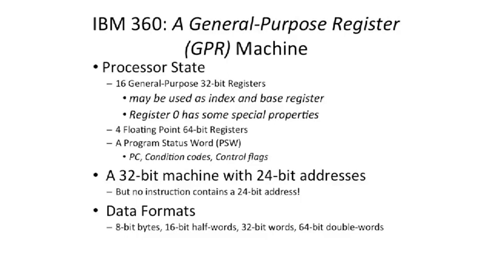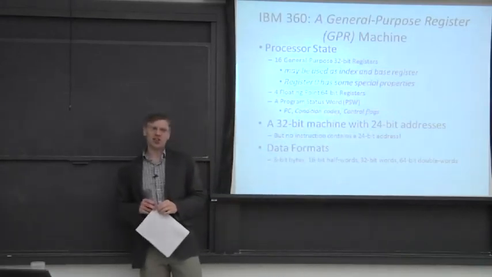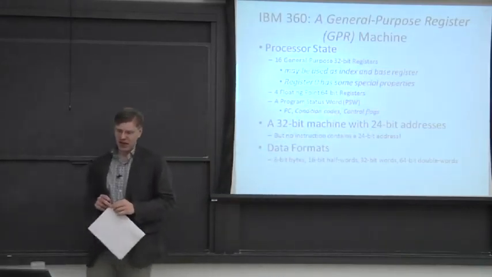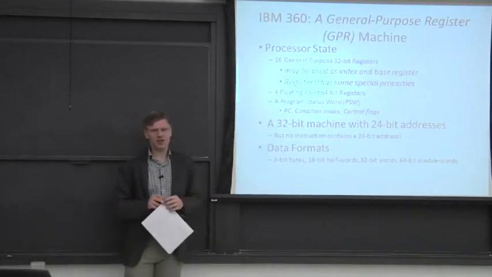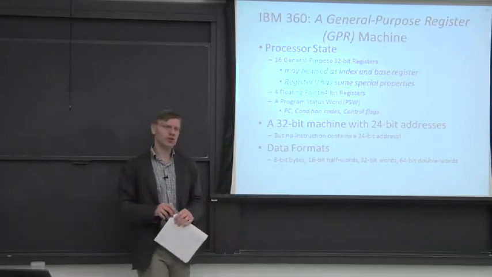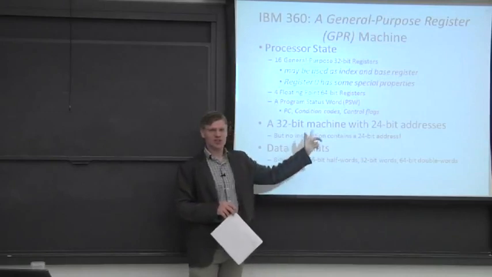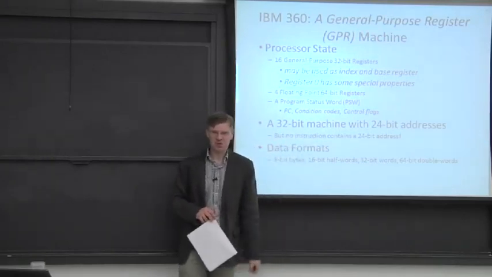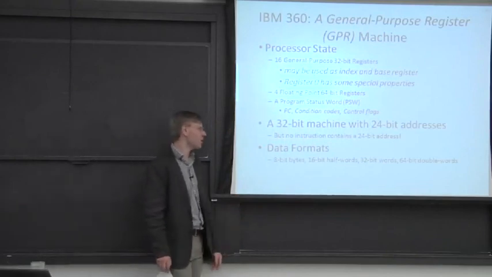It had condition codes and control flags. And it was a 24-bit address machine. And at the time, that was huge. So 2 to the 24 was a very large number. Nowadays, it's not so large, and they've since expanded that on the IBM 360 successors. But they thought it was good for many, many years, and it was good for many, many years.